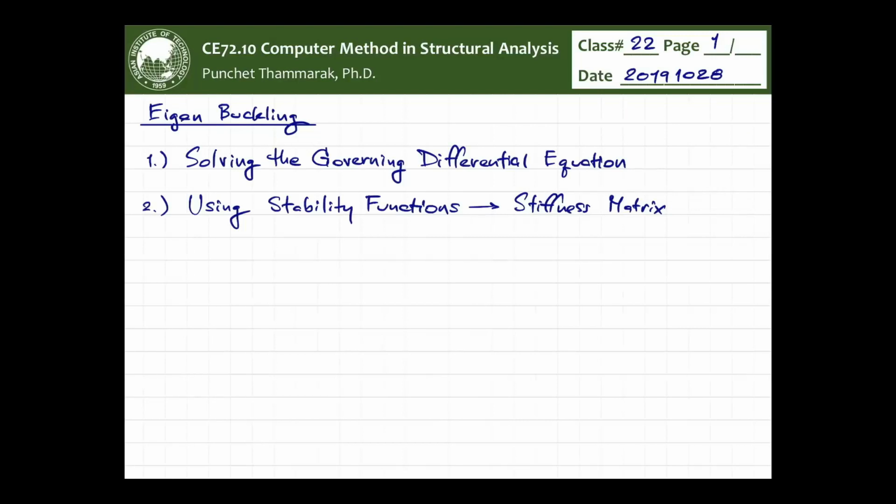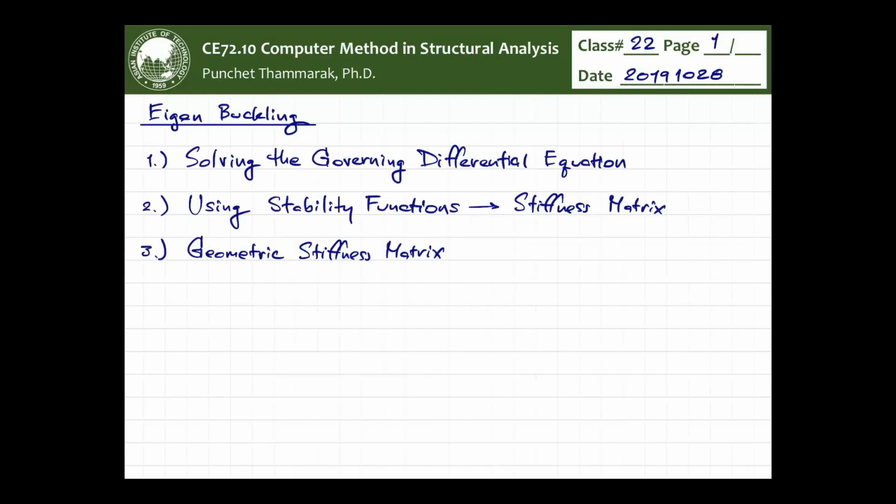And also the third option, which can be done, is to use the geometric stiffness matrix. Again, as the name suggests, it is a kind of stiffness matrix.